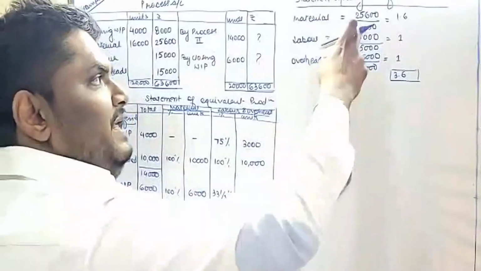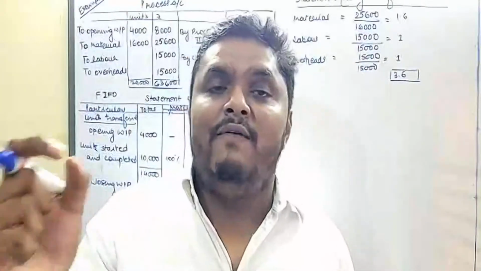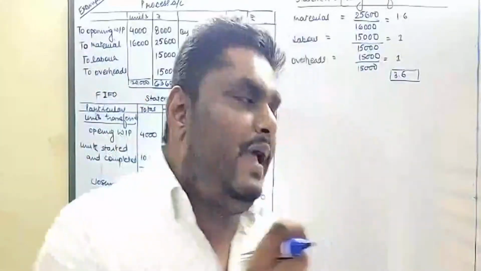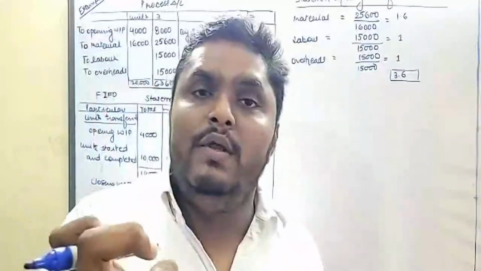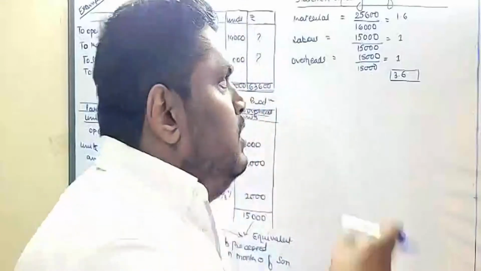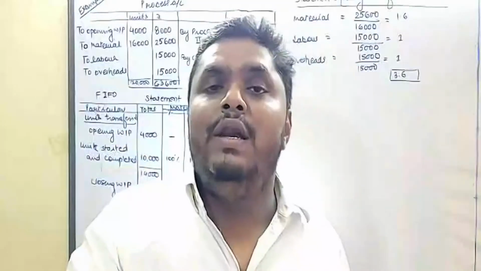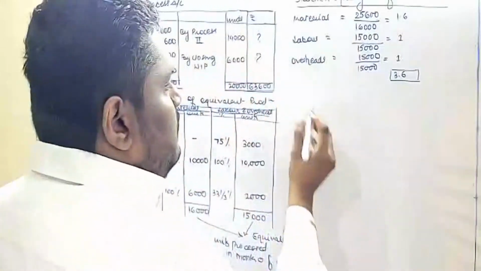So that's why we are taking the cost that is incurred in the month of Jan. We have ignored the cost of opening work in progress. The main reason is, why? Because these equivalent units represent what? The units that are processed in the month of Jan. So that's why for calculating cost per unit, we are taking only the cost that is incurred in the month of Jan.